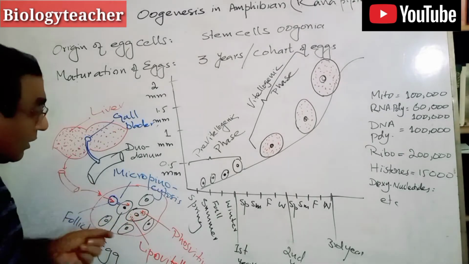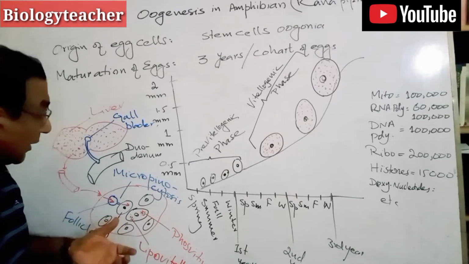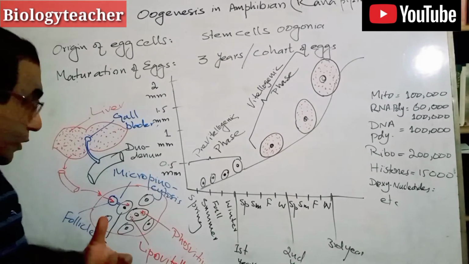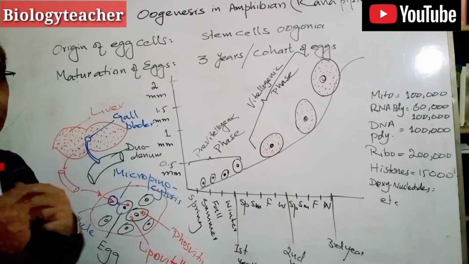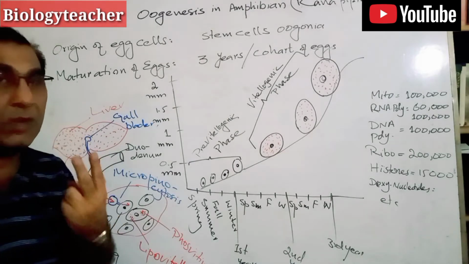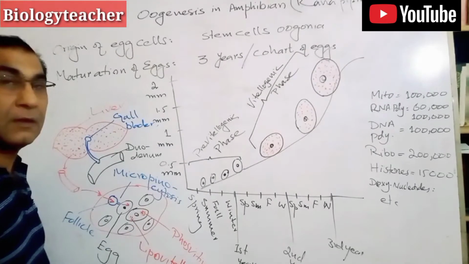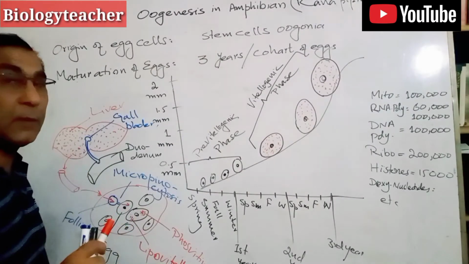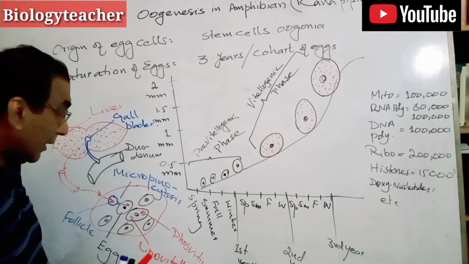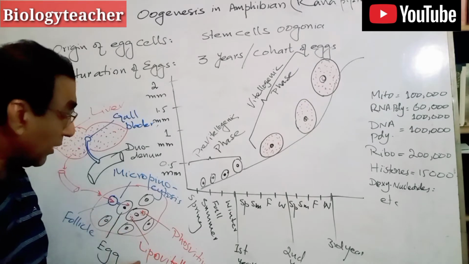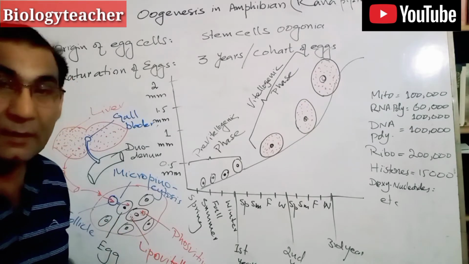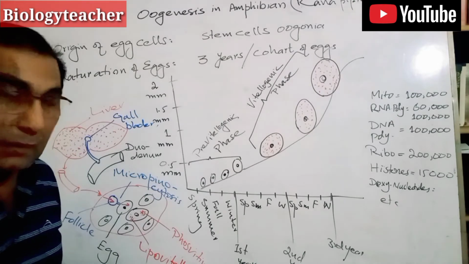As it reaches the oocyte and the oocyte becomes mature, the yolk is split into two components: phosphatin, which is a phosphorylated component of the yolk, and the second one, lipovitellin.